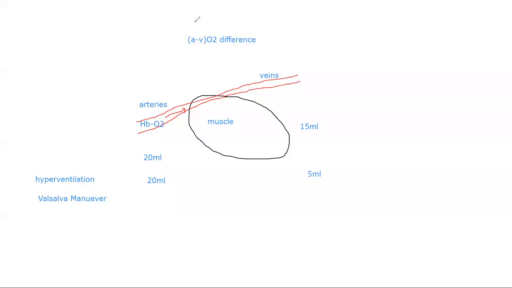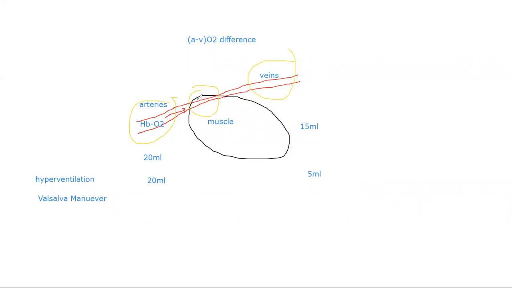Okay, so let's say in chapter 6, we were talking about arteries having blood that's oxygenated and veins being deoxygenated. Capillaries kind of fall into the artery category. So let me see if I still have this drawing up. So this is the artery, this is the vein, and this is the capillary.